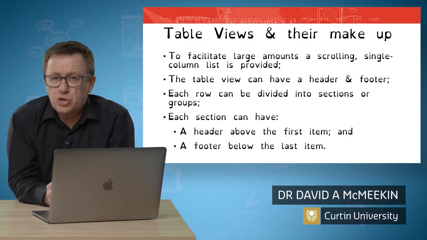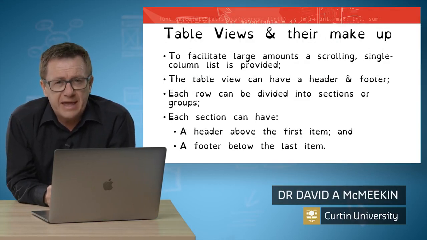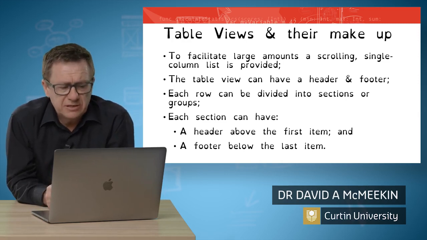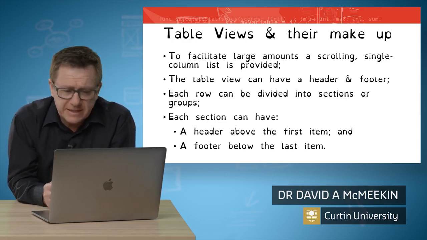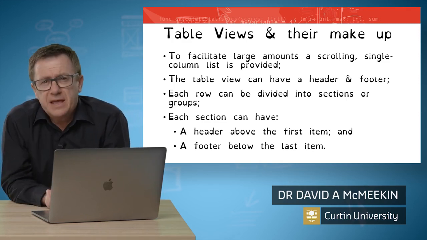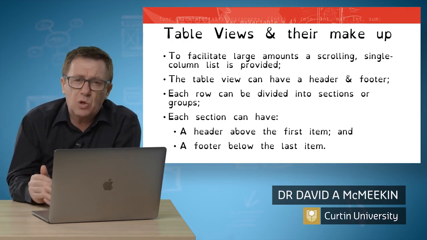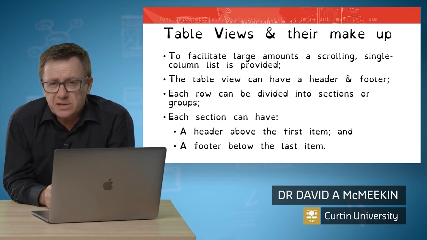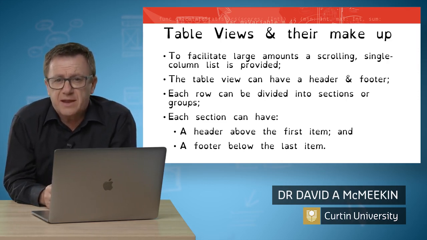And again, you'll be familiar with that from many apps. You probably just haven't actually noticed what's there. Each section can have a header, and that's above the first item, and a footer that sits below the last item. When we tackle the exercises, you're going to see that and you'll be implementing those kinds of things.